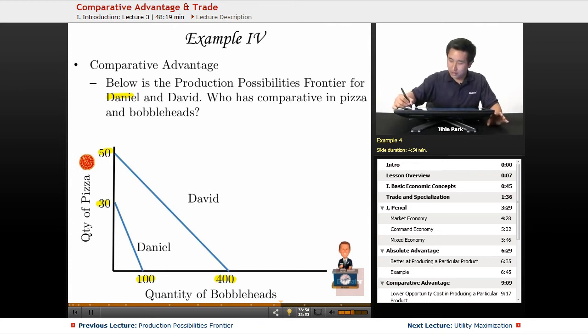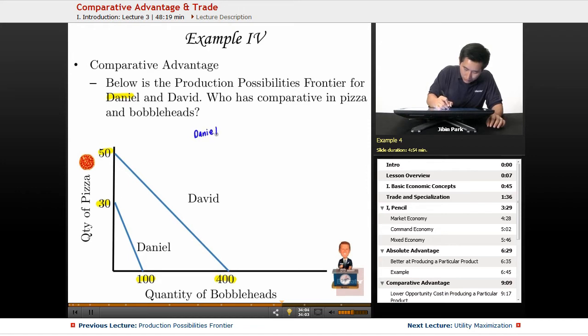Let's see if my trick to see which one has comparative advantage actually works out when you work it out mathematically. So let's take a look at Daniel right here. Daniel's situation is 30 pizza equals 100 bobbles. In this case, it's the legendary Vin Scully bobblehead here.